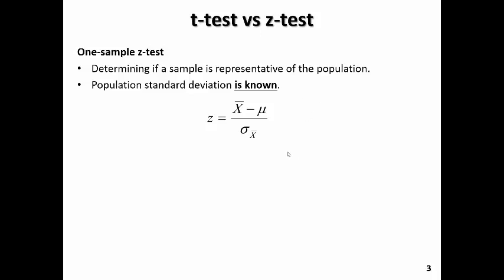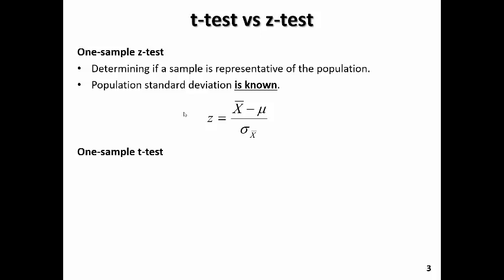So this is the equation that we won't be using in this particular video or in this unit, but the z-test assesses the difference between a sample average and a population average divided by the standard error of the mean. And to get the standard error of the mean for the population, one would have to know the population standard deviation. And if researchers have that, then the one sample z-test would be applicable.